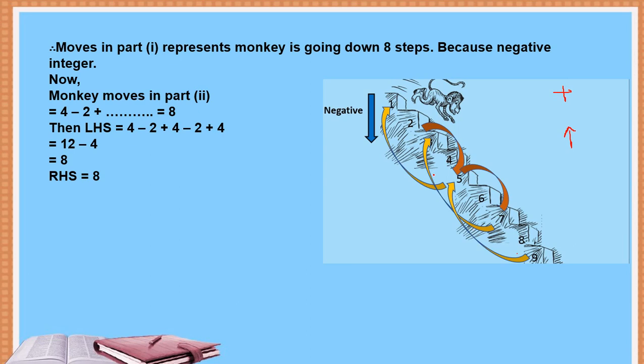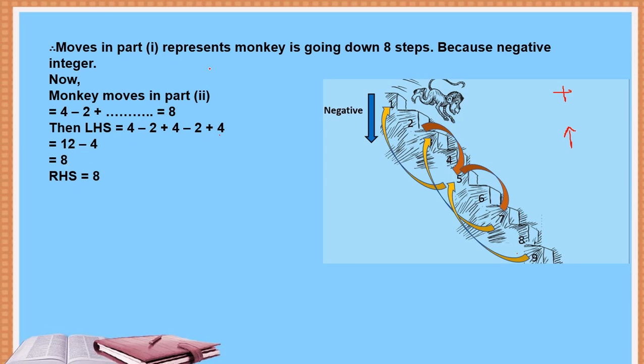So how many times does he jump? 4, 3 times, and this we take as a positive integer, so we write 4 plus 4 plus 4, but he is going back again 2 steps. This going back towards downside we represent as a negative integer. So how many times are there 2 jumps for negative? 2 times. So minus 2, 2 times we have to add. So 4 minus 2 plus 4 minus 2 plus 4: 4, 3 times we add, becomes 12, minus 2 times minus 2 we add, it becomes minus 4, so it equals 8.